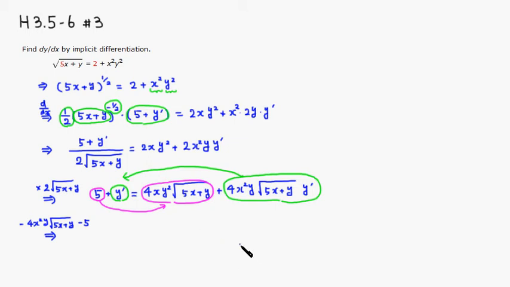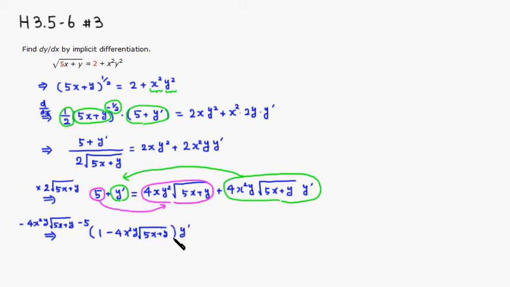All right. Once you've done that, since both terms have y prime in it, I'm going to factor it out right away. So y prime. From here you get 1. Here you get minus 4x squared y square root of 5x plus y.